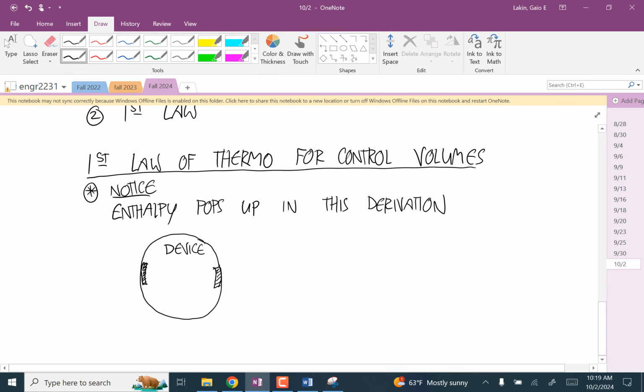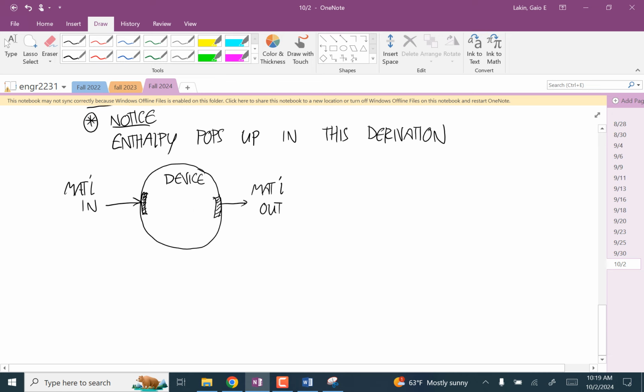We're looking at this, and material is always coming in, and material is always going out. And we have to account for changes in properties due to this stuff coming in and out. And so the first law, we're going to start with this kind of basic idea.